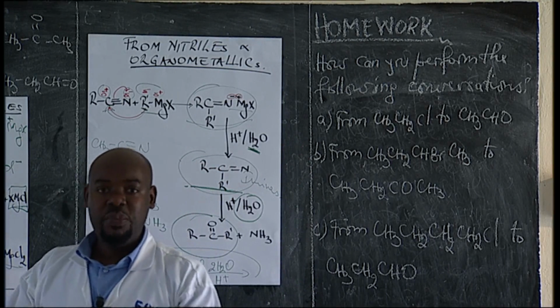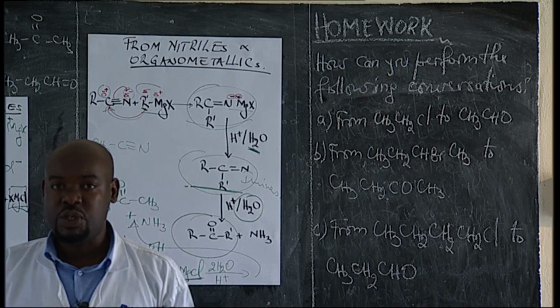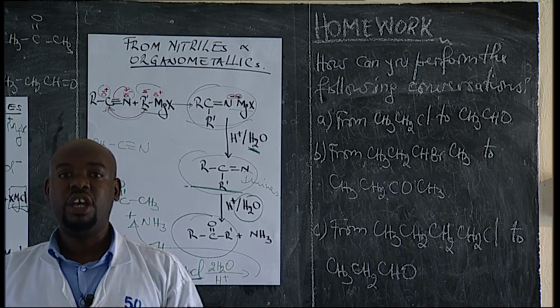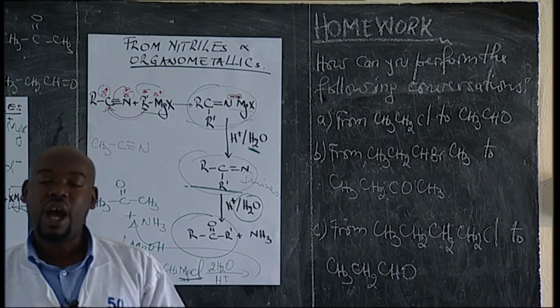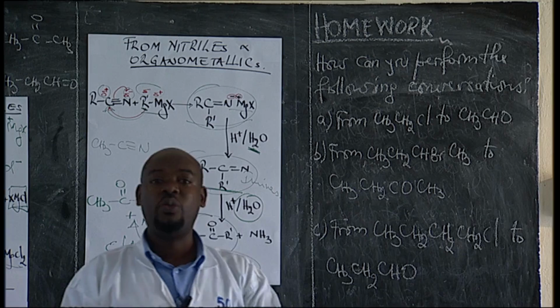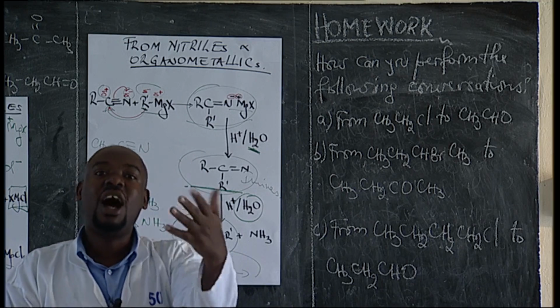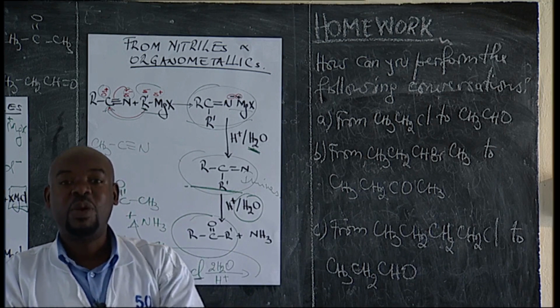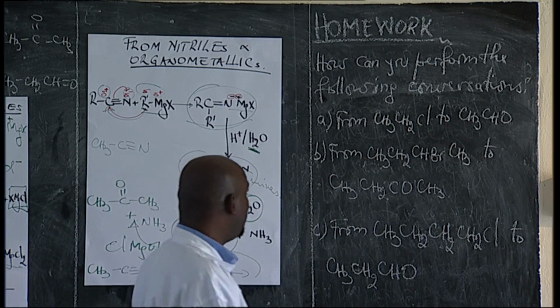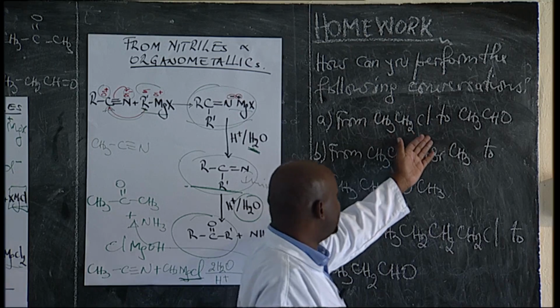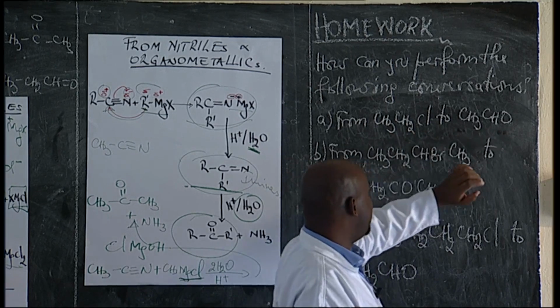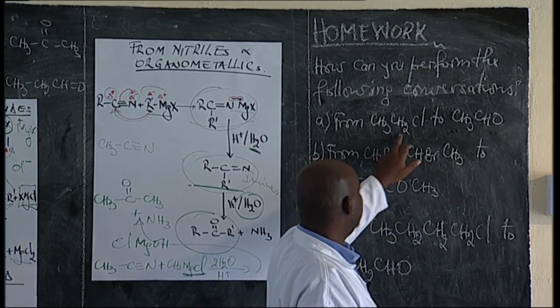We have some simple exercises in organic chemistry which involve completing equations, but you can combine many steps to try and see how you can prepare compounds. So you will try to prepare CH3CH2Cl, to prepare this aldehyde, ethanal, from CH3CH2Cl.